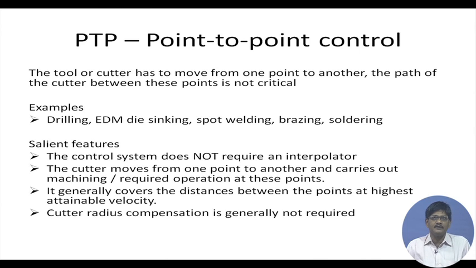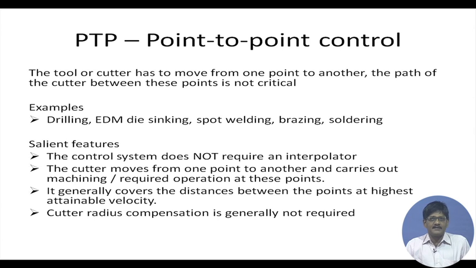It need not be along any particular contour. What are the examples? We might have this sort of control in drilling, where holes have to be drilled at specific locations. We might have EDM die sinking operations at definite positions, then spot welding, brazing, soldering, etc. In all these cases, the operation is to be carried out at definite locations.